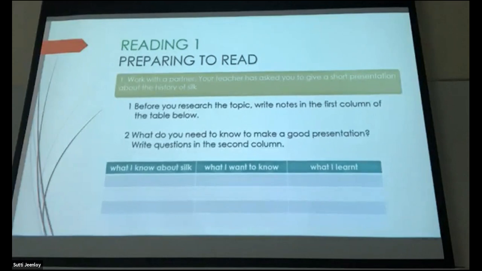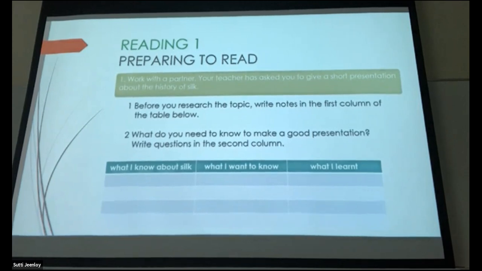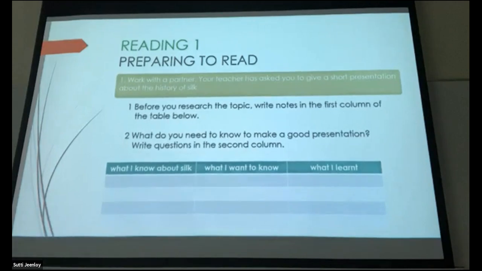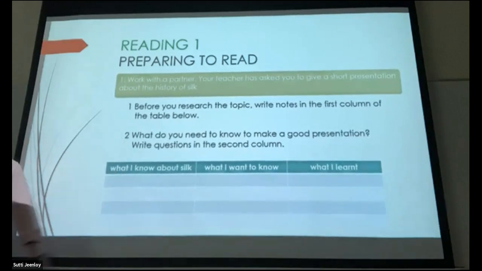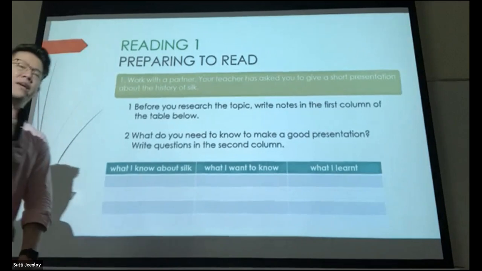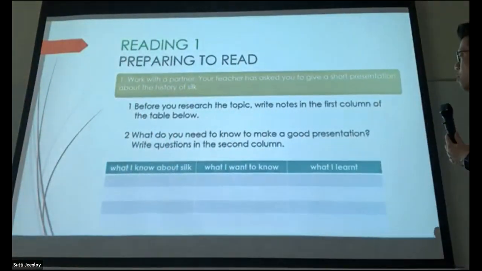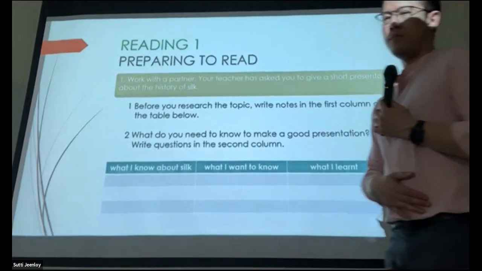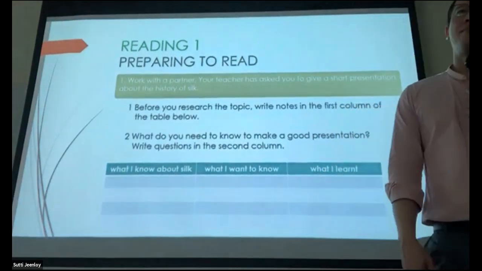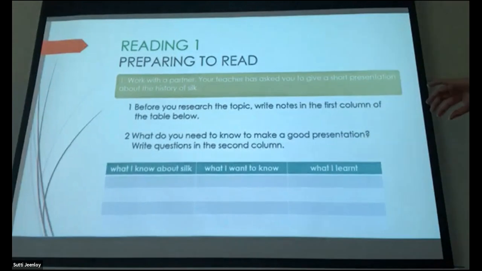Before you research the topic, write notes in the first column of the table below. What do you need to know to make a good presentation? Write questions in the second column. In the first column, what I know about silk. Okay guys, start writing. What do you know about silk? Is it expensive? Of course.